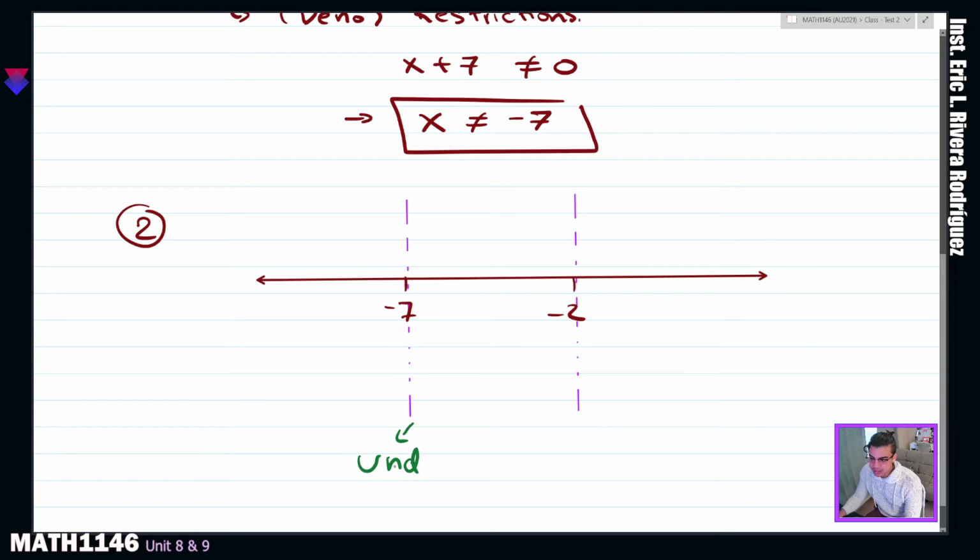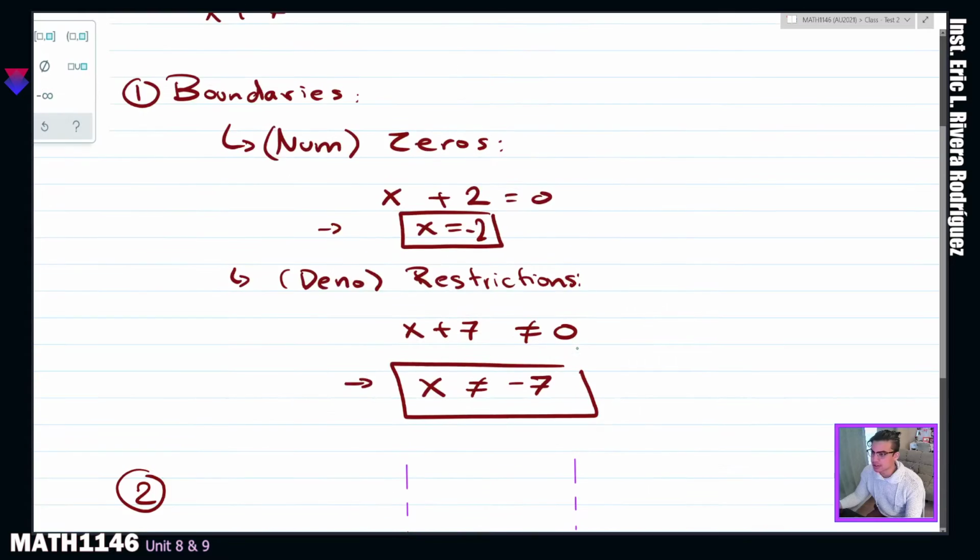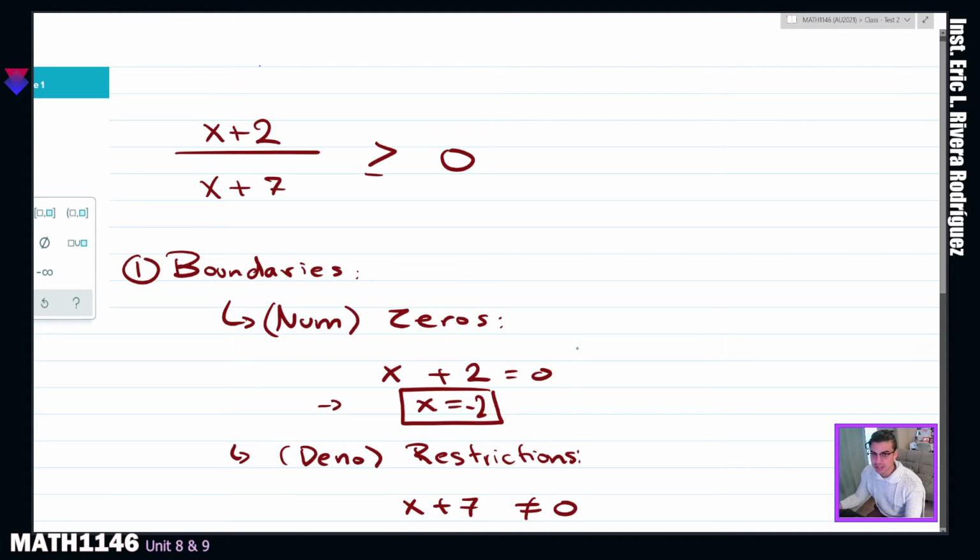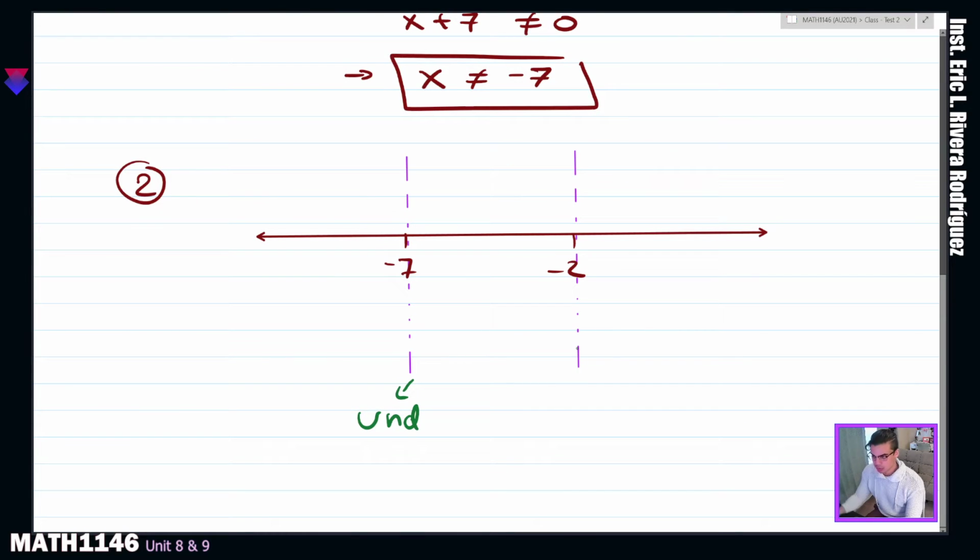The important thing is that the y value at -7 is going to be undefined. This is important because sometimes we are going to include zeros, like in this one. We are looking for greater than or equal to 0. So sometimes the boundaries are part of the solution, but for the restrictions, since the value is undefined, you are not going to include in any case the restrictions of the domain.